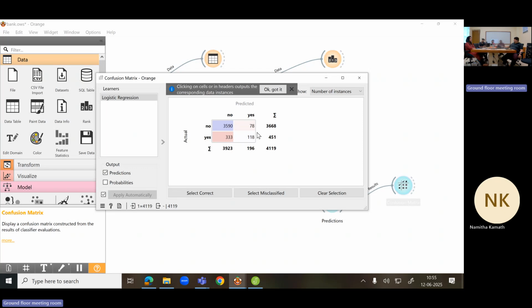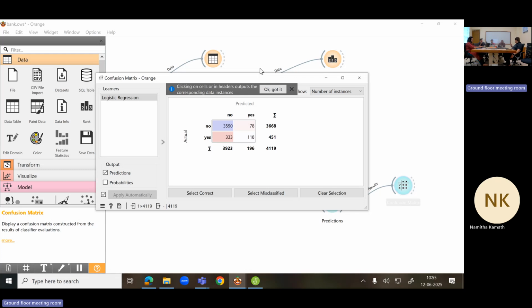Now coming to the other expression called precision. Precision means, among the predicted yes, how many are actual yes? Among the predicted yes, so it is on the other side.